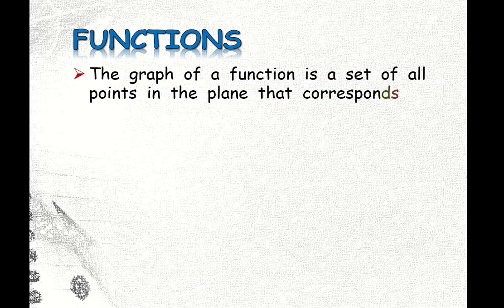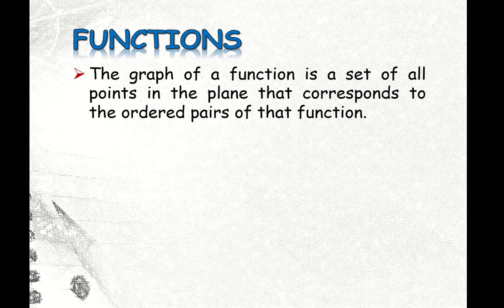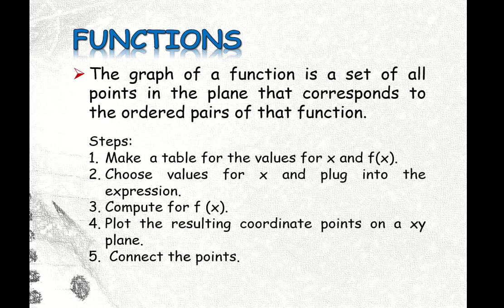So we have here graph of a function. So the graph of a function is a set of all points in the plane that corresponds to the ordered pairs of that function. So to graph the function, here are the steps that we need to follow. First, we have to make a table for the values for x and f of x. And then after that, we choose values for x and then plug into the expression.